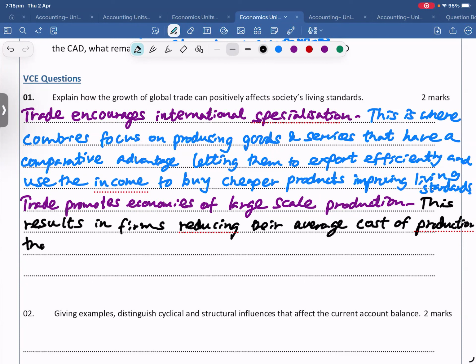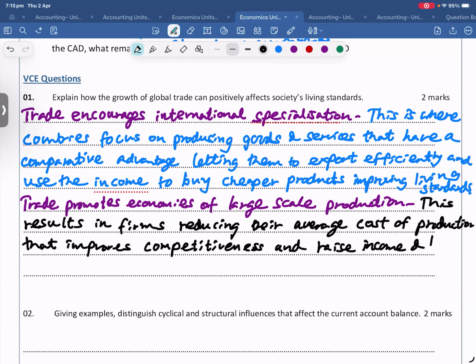That improves competitiveness, and raises income and living standards.